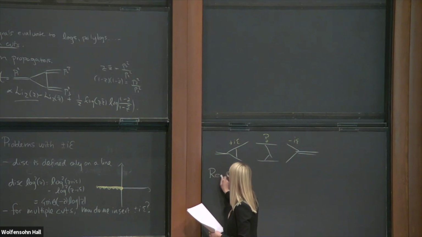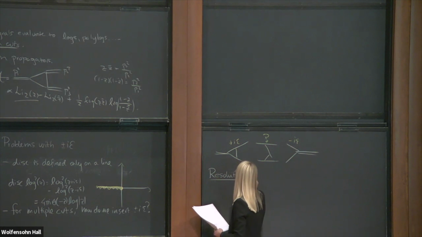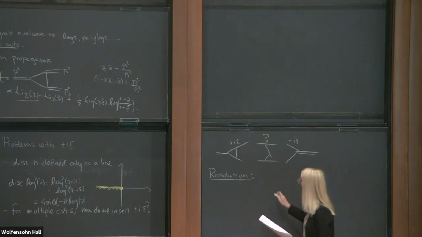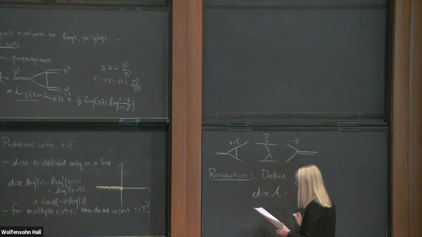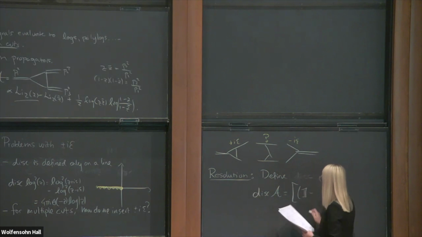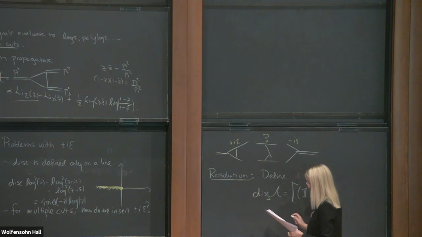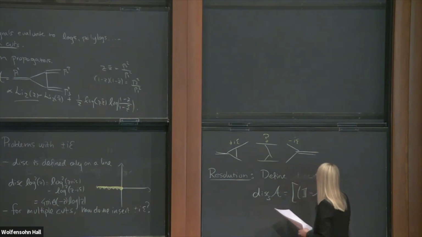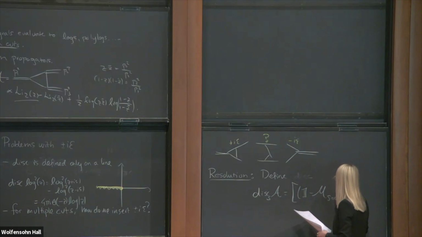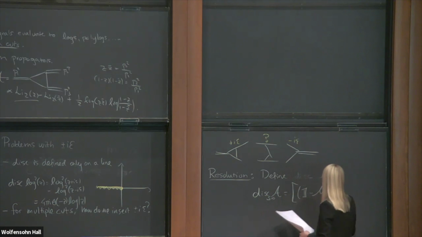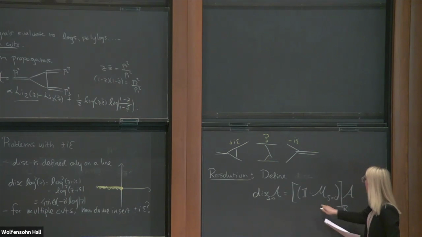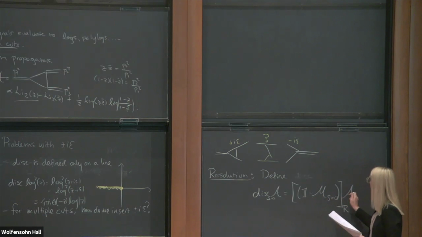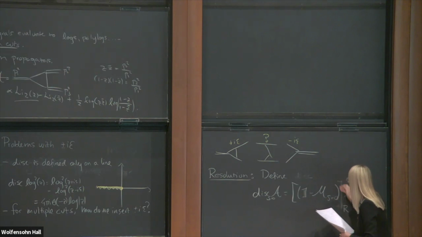So the resolution to both of these problems is to define the discontinuity of the amplitude, as, let me label it in the Mandelstam variable s, or let's say around s equals 0, as 1 minus the monodromy operator acting on the amplitude.